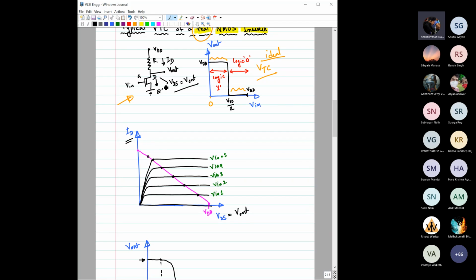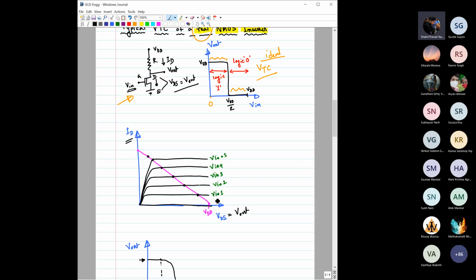Now you already know MOSFET characteristics. What will be the output characteristics of a MOSFET, ID versus VDS? It would be something like this. I have plotted the characteristics for different input voltages, V in.